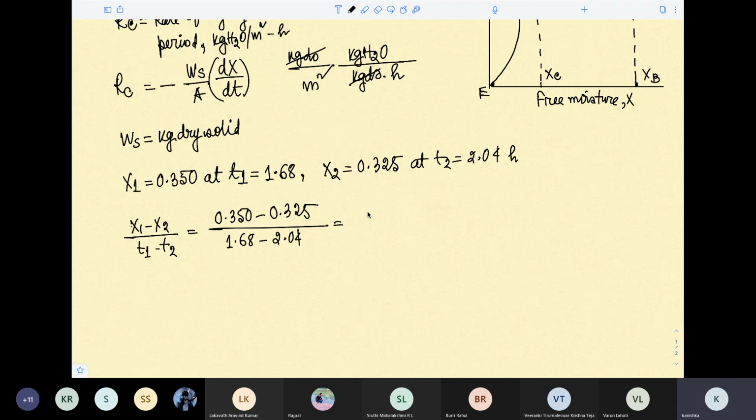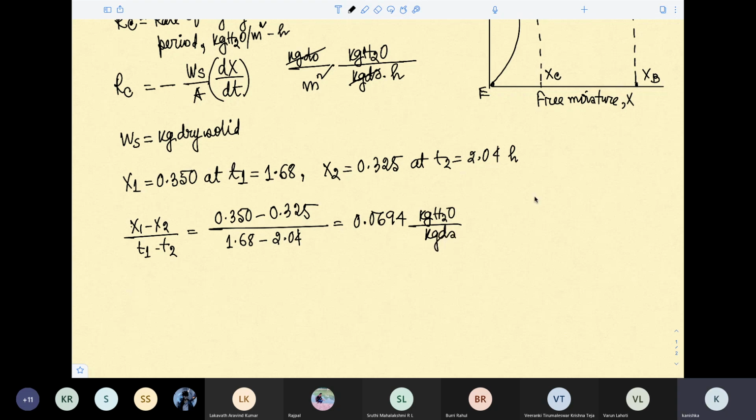This comes to 0.0694 kg H2O per kg dry solid.